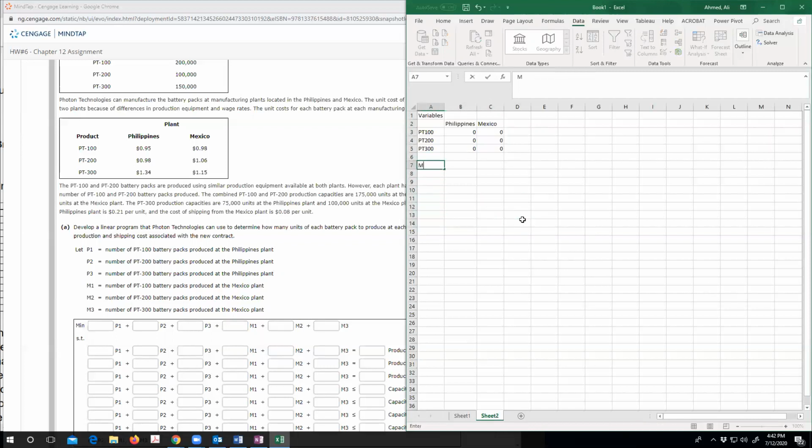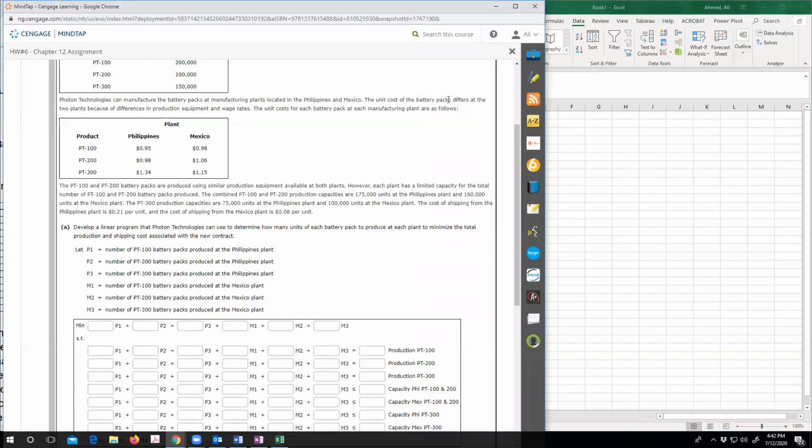Are you getting my point? Yeah. So we have to find the minimum cost. Let's read a little bit more.